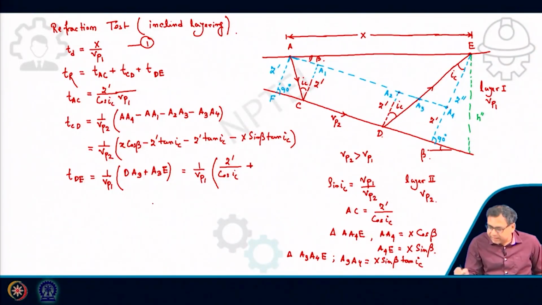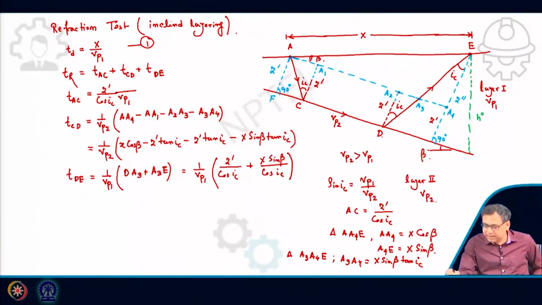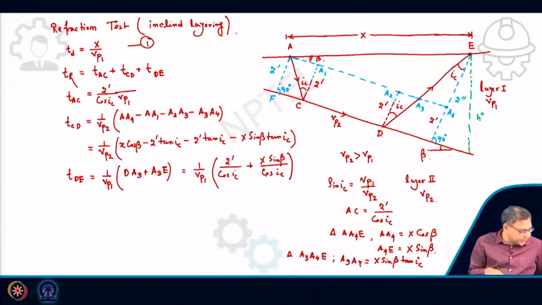Then plus A3E. I know this is x sin beta, and A3E will be x sin beta divided by cos IC. That will also come from the A3, A4, E triangle.